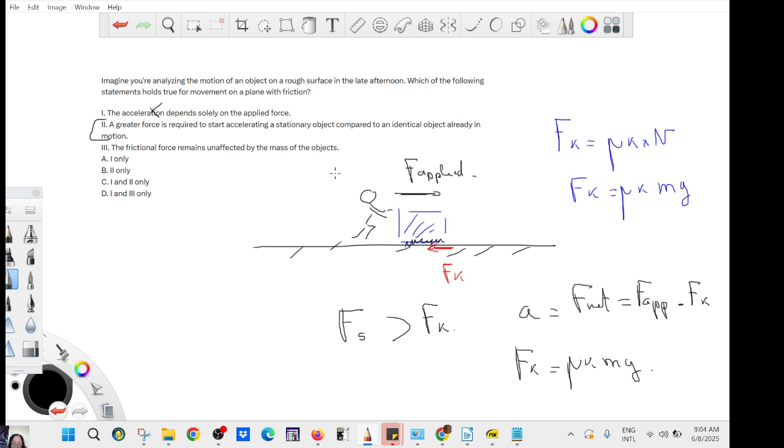Static friction is a different thing, because as you push, it's going to push back on you. But kinetic friction is proportional to the weight in that case. So yes, it is affected by the mass. So that will be B. Only 2. Okay, so the answer is B.